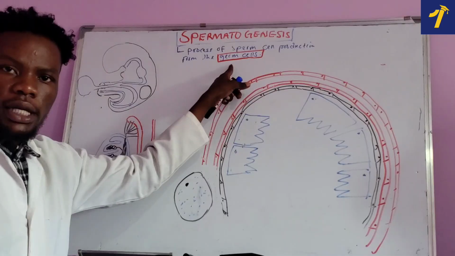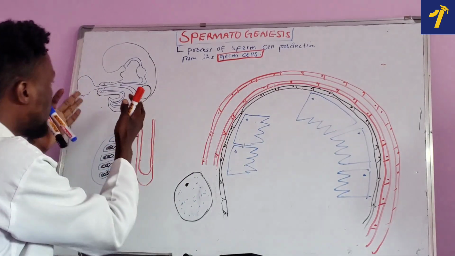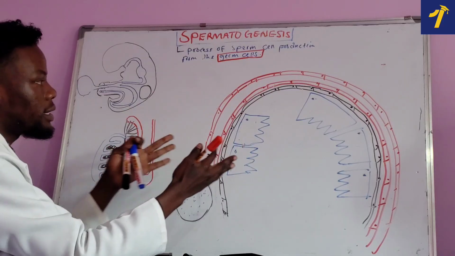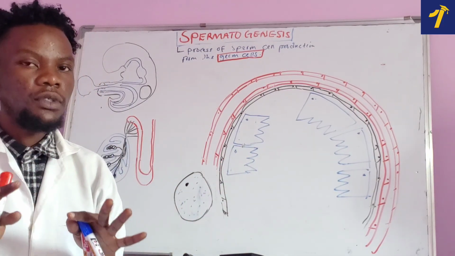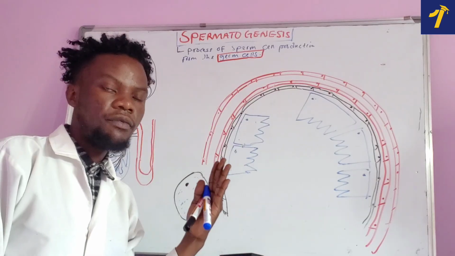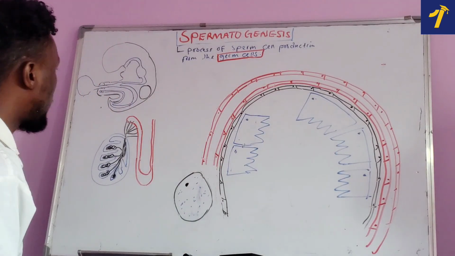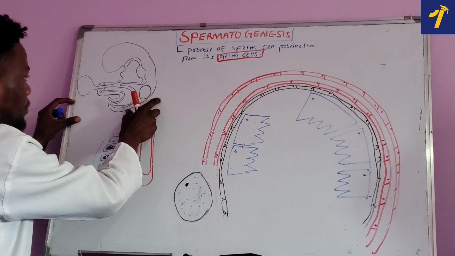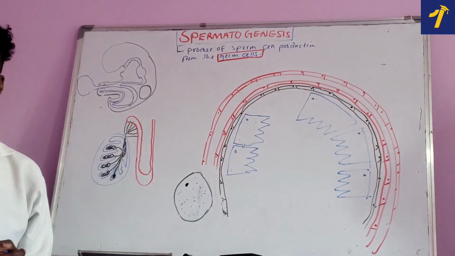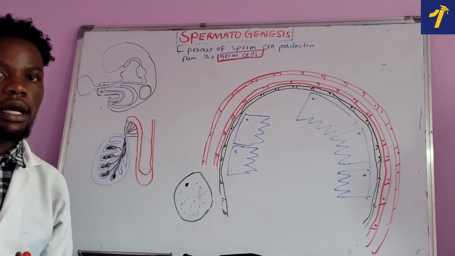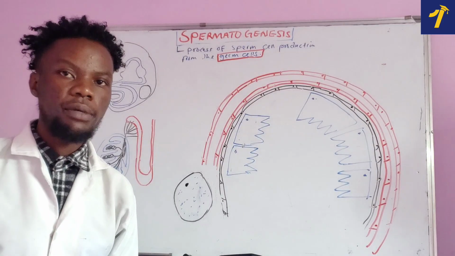You need to understand that these germ cells come from the fetal life as well as the adult life. So we need to understand the different types of germ cells that come from the fetal life as well as in the adult life. So we start with the fetal life development of the germ cells. Now we'll progress to the adult life of the germ cells. From there, that's when we'll start talking about the formation of sperms.